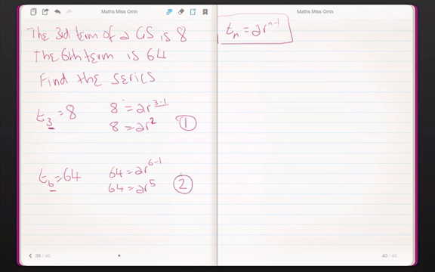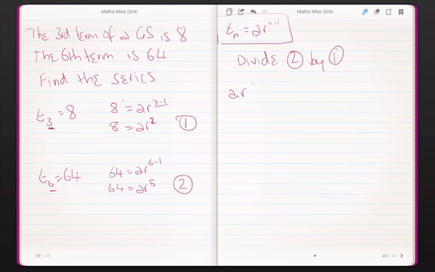We're going to use simultaneous equations to figure this out. This is a little different from before. Before we subtracted one from the other, but this time we're actually going to divide. We want to divide 2 by 1, not 1 by 2.